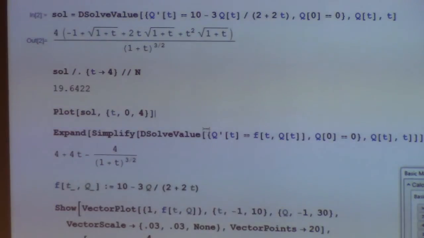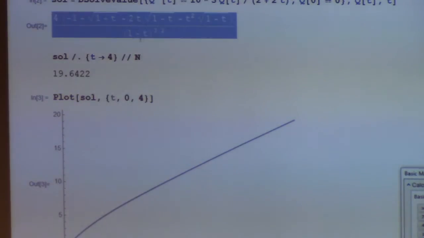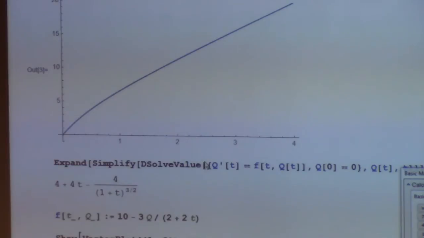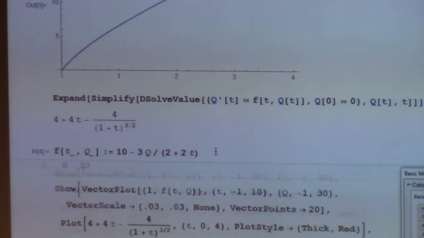And when we plotted this, we didn't need to put the t in there. In a sense, it's like the t was already in there, because this symbol represented this expression that defined a function of t. Okay, it's a bit confusing, but let me use DSolveValue in a new way. I'm going to go ahead and enter this function down here, the right-hand side function as well.